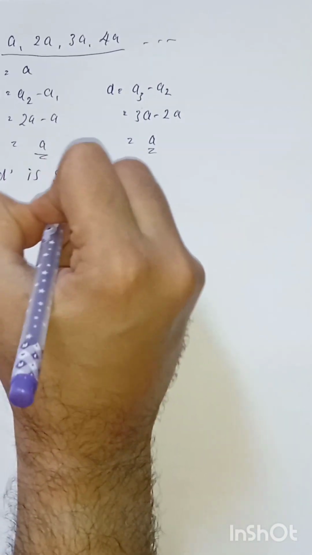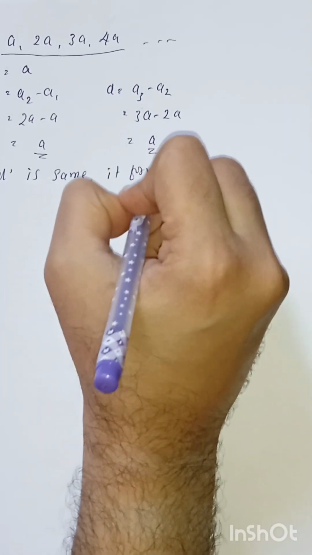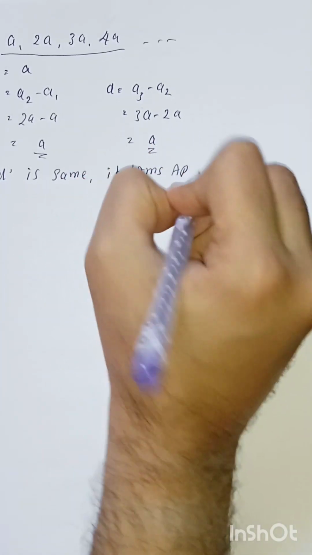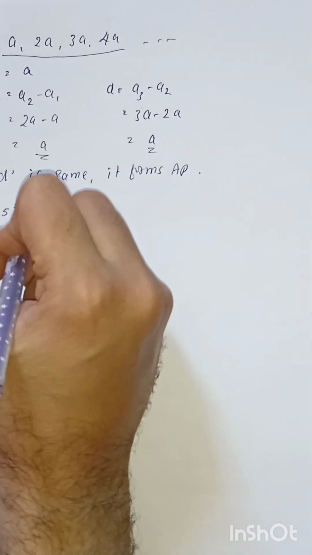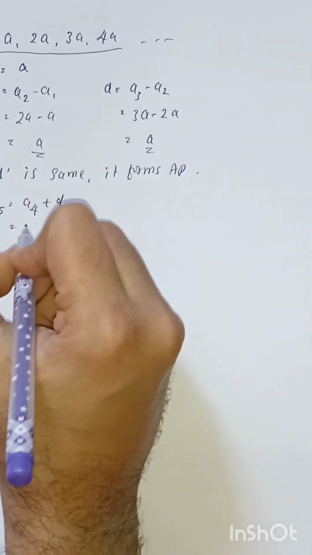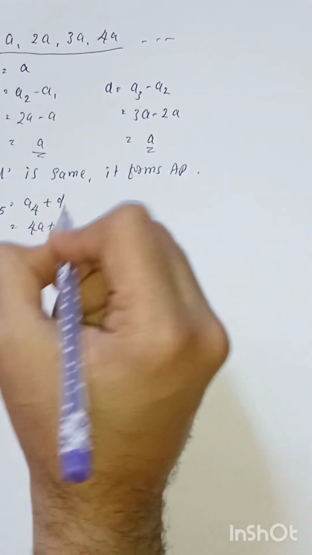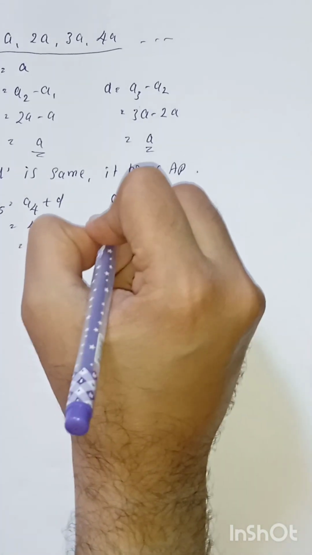D is same, it forms AP. The next three terms, that is A5, A4 plus D. What is A4? 4A, and the common difference is A, that is 5A.